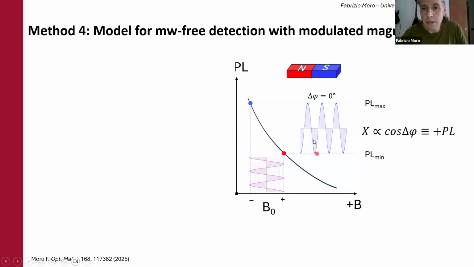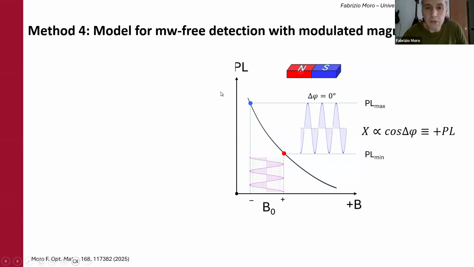And this provides a PL signal oscillating at the same frequency and phase as the modulating field, with zero phase difference, providing a positive PL signal, which, remember from the lock-in theory, is proportional to the cosine of the phase difference. And the phase difference being 0, we have a positive PL signal.